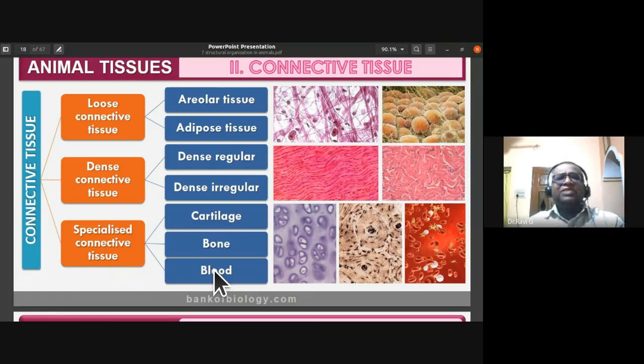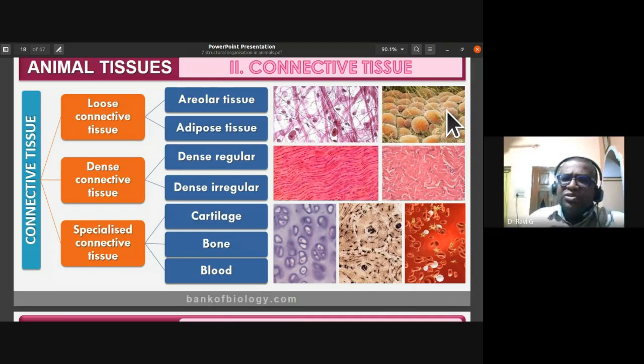So now this is the classification of connective tissue. The connective tissue is classified into three major types: loose connective tissue, dense connective tissue, and specialized connective tissue. The loose connective tissue is again divided into two major types: the areolar tissue and the adipose tissue.